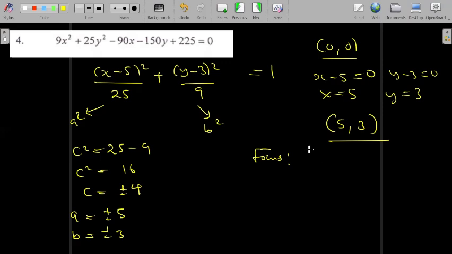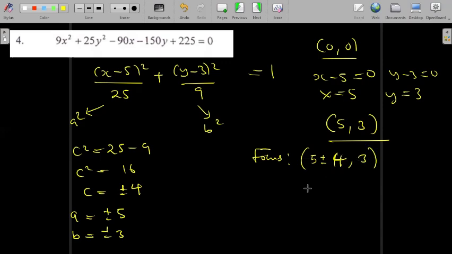Since it's sitting in the x, our focus is going to be 5 plus minus 4, comma 3.